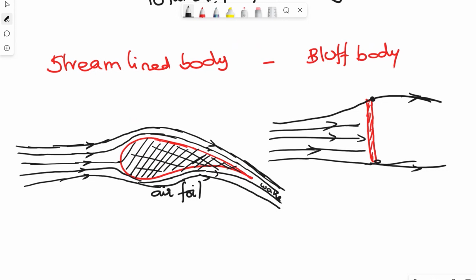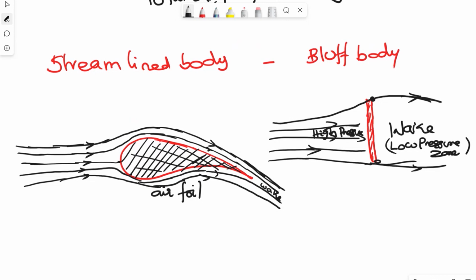So now here it is the wake because of the pressure difference. So this is called a low pressure zone. Because of this low pressure here, there is a large pressure difference between the upstream side and the downstream side. So this pressure here is high pressure. Here, low pressure.